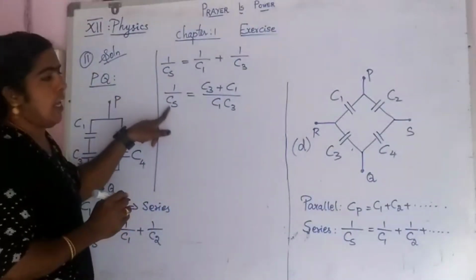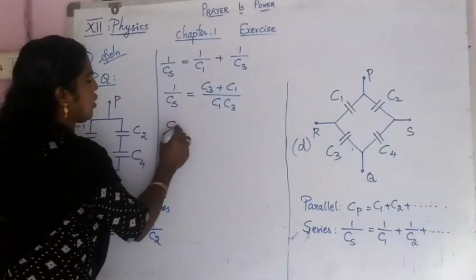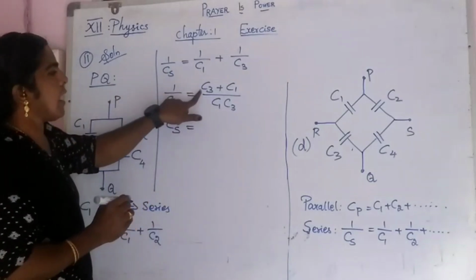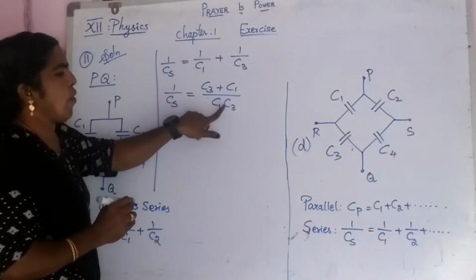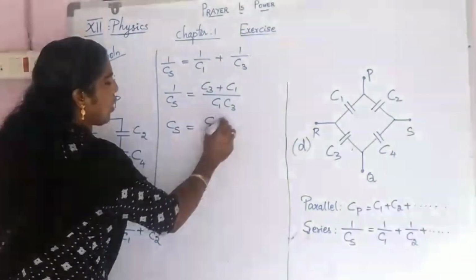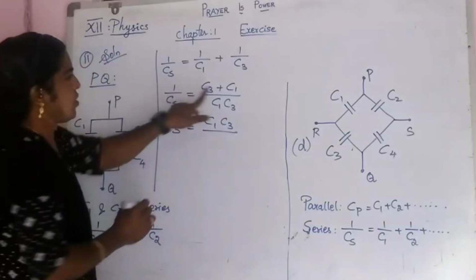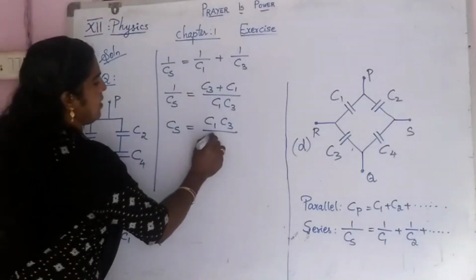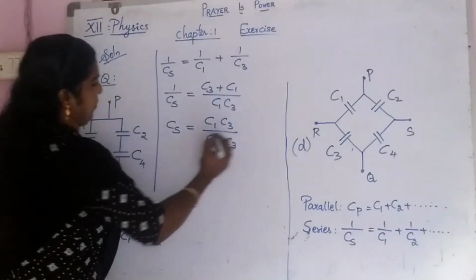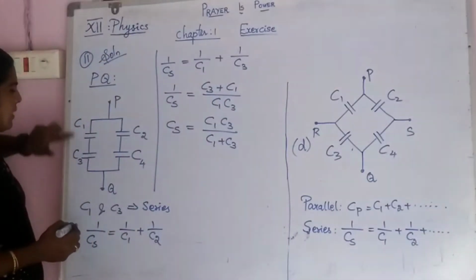Take the reciprocal: Cs is equal to C1 C3 divided by C1 plus C3.